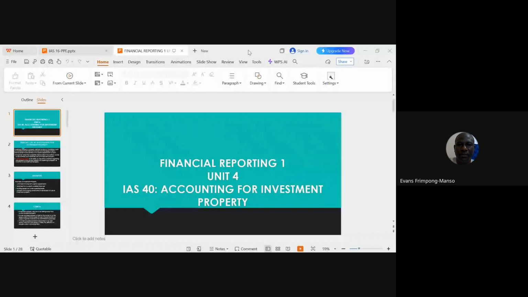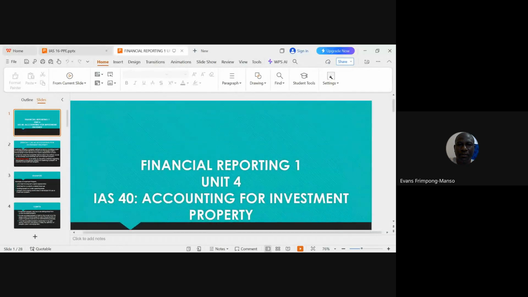I told you earlier that when we say property, plant, and equipment, it means we are going to use that asset to produce or to rent it to get income.